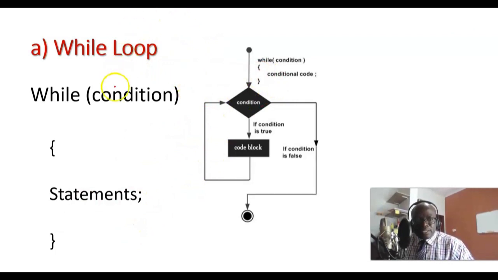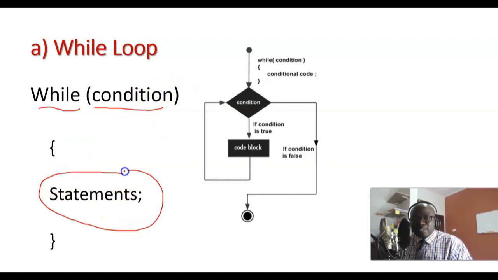You write the keyword while, then you specify the condition. An example of a condition is n less than or equal to 5. If that condition holds true, then program flow control will come here and run these statements.